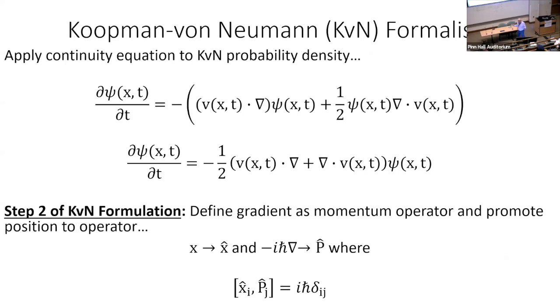That kind of looks like a Schrodinger equation, doesn't it? You remember the Schrodinger equation that I showed you? It looks awfully similar. Well, the next step in KVN is you now do exactly what you do in quantum mechanics. You take x to an operator, and you take minus h bar gradient and assign that to the momentum.